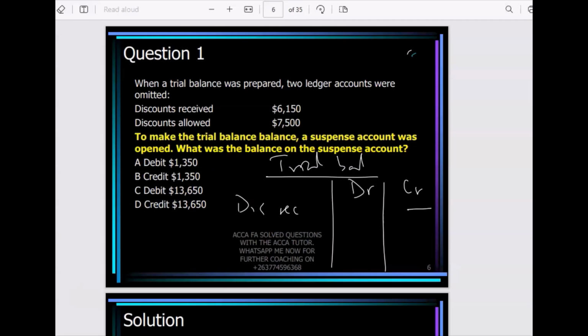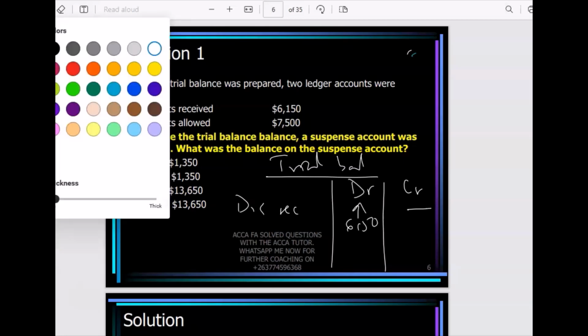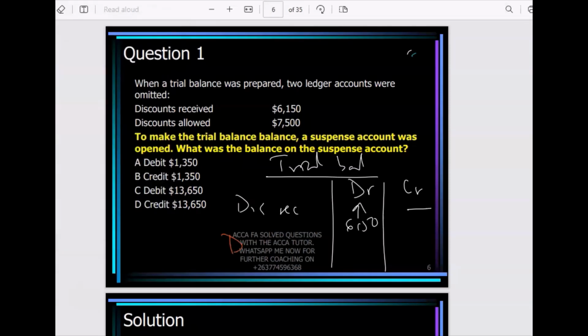However, it was omitted. So technically the debit side was overstated by 6,150. Then there was the discount allowed.